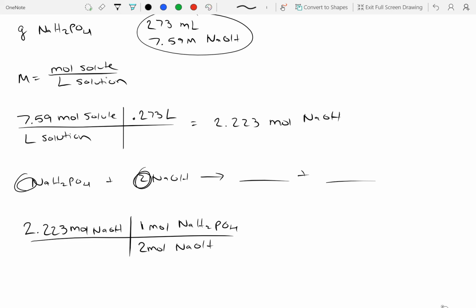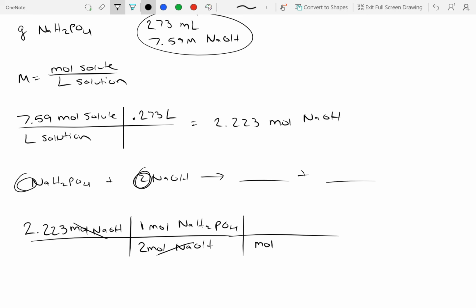So when you do that, well, I'm going to go ahead and go straight to grams, but you could do these in 2 separate steps or 1 step, it doesn't matter. So now that this and this cancel, I'm left with moles of NaH2PO4, but what they're asking for is the grams of NaH2PO4, and so to go from moles to grams, all you have to do is use the molar mass.